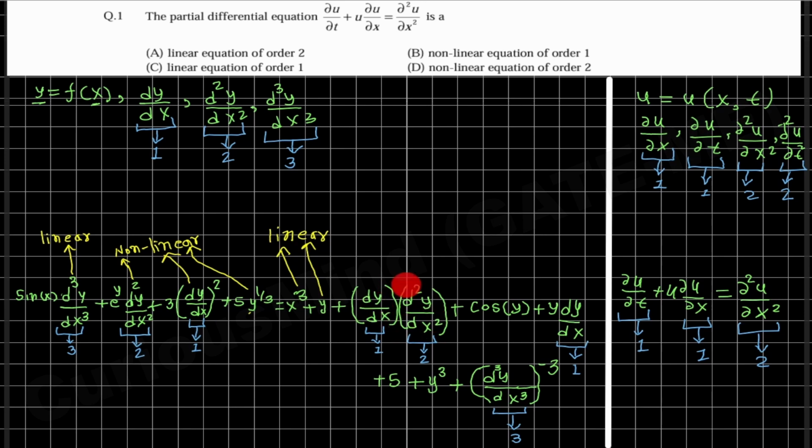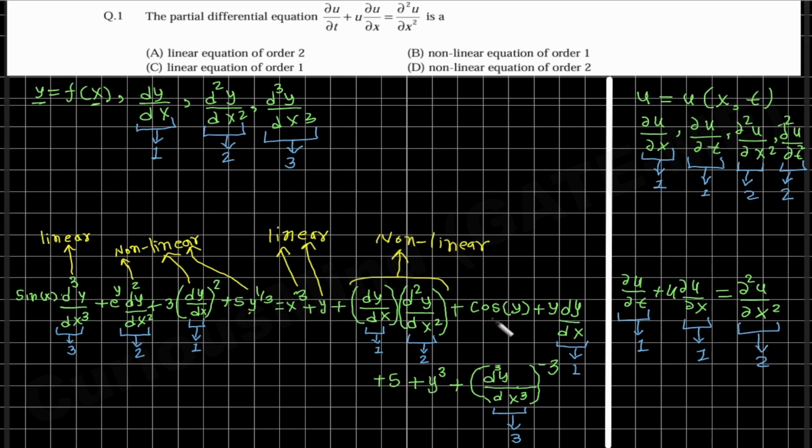So this term is making this whole exact differential equation a non-linear differential equation because this term contains two derivatives of different orders in multiplication form. I mean, this term contains combinations of derivatives. All right. So this term is making this whole differential equation a non-linear differential equation.